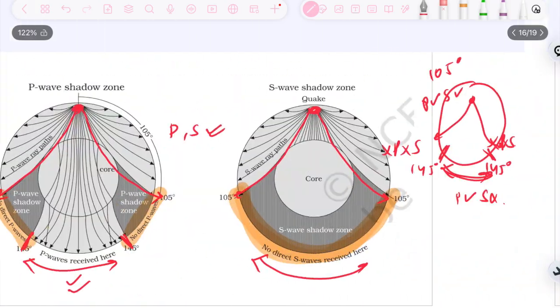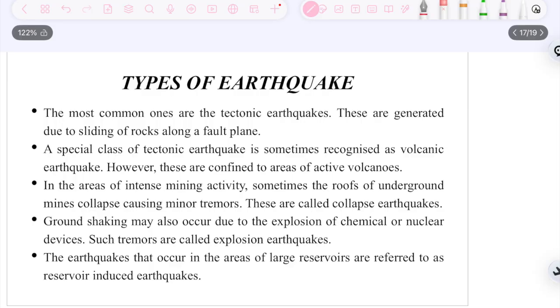Now let's move further on the concept of the types of earthquake. We have to understand that there are various types of earthquake, and earthquakes can be due to various causes. We have already understood what an earthquake is. Earthquake is nothing but the shaking of earth. So if the earth is shaking, or dharti hil rahi hai, that is basically an earthquake.